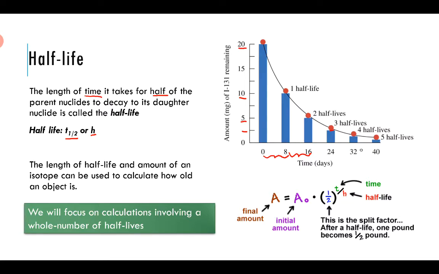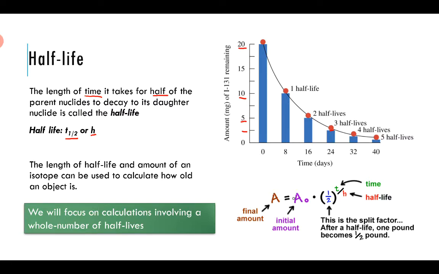So the length of the half-life can be used to calculate how old an object is. In Chem 3A, we're going to be focusing on calculating whole numbers of half-lives. This is a handy equation to calculate, but we'll also be covering a more conceptual way of mapping out how much is left or how much time has occurred.